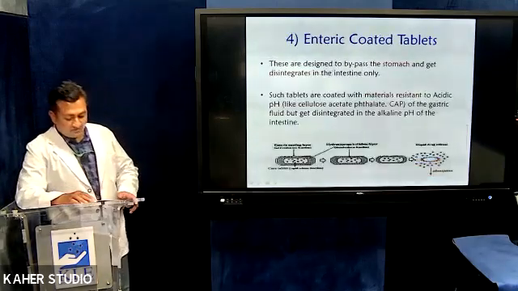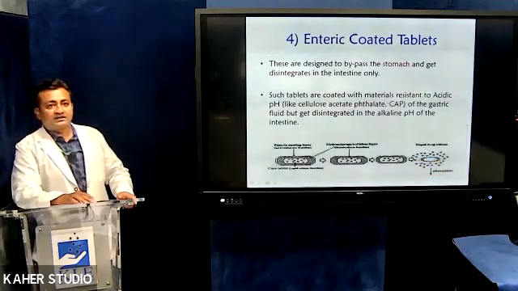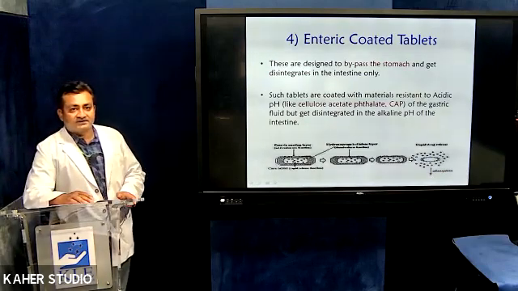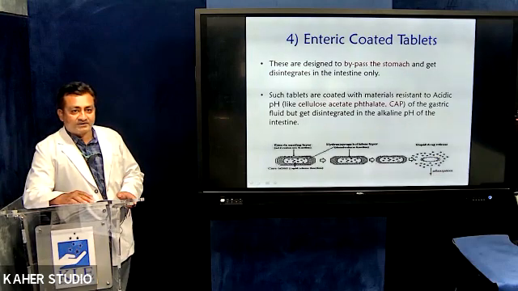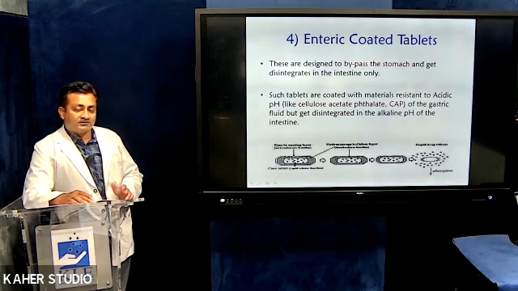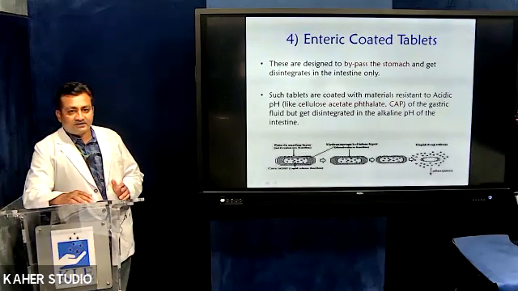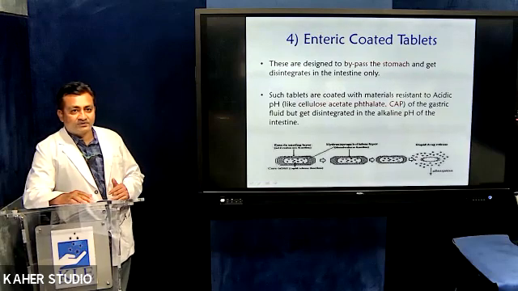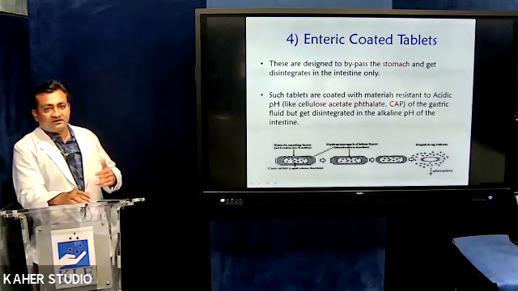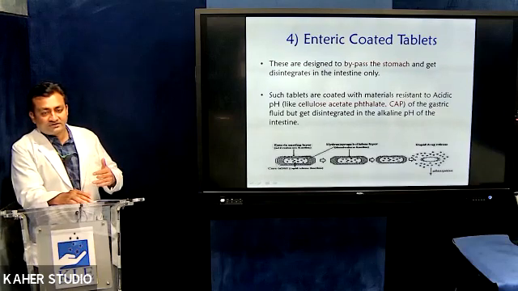So fourth one is enteric coated tablet. These are designed to bypass the stomach and disintegrate in the intestine only. So specifically, drugs which degrade at the acidic pH, to bypass the stomach, we coat with polymers which protect our drug from the acidic environment.